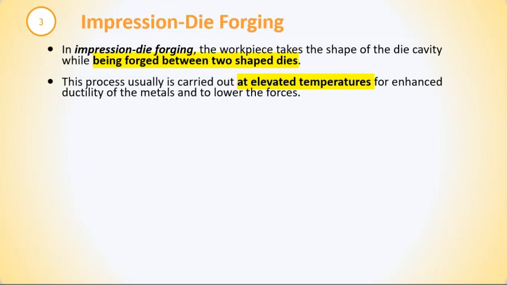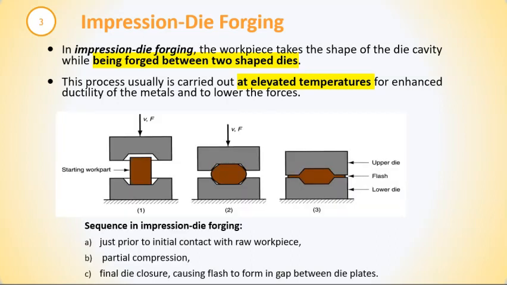Alright, let's look at impression die forging. Usually it takes place in a die cavity, in which the workpiece is forged between two shaped dies. It is usually performed at elevated temperature to enhance the ductility and use lower force. So these are the example dies, and when the force is applied, the workpiece follows the die cavity, and the extra goes to the side, which they call flash.